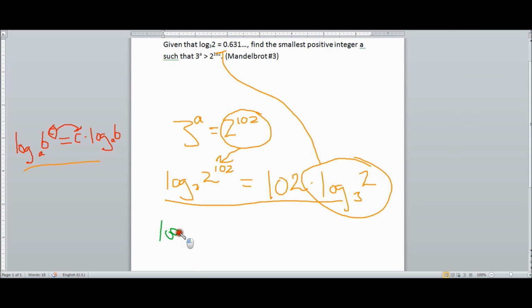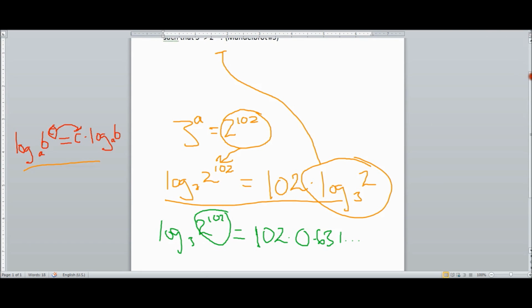Log 3^a is equal to 102 times 0.631... Now this is really big, because now we have this 102, which we can isolate. So let's do that.